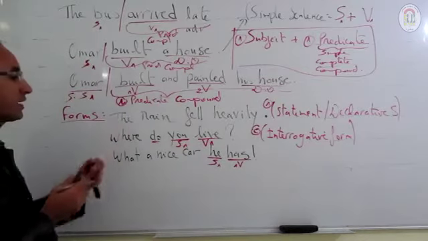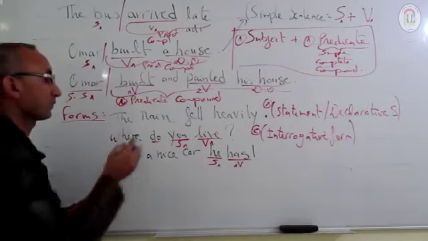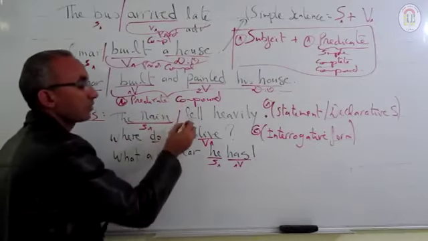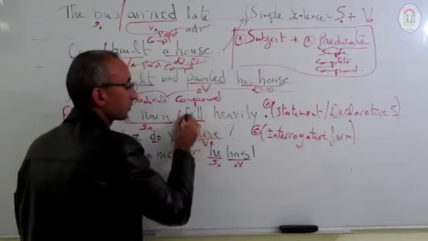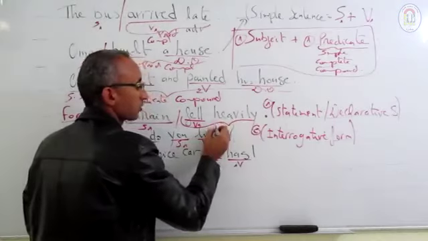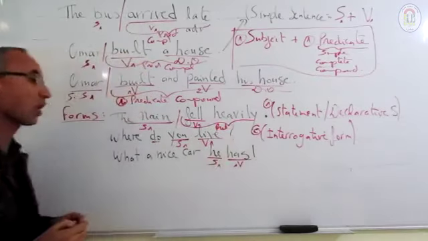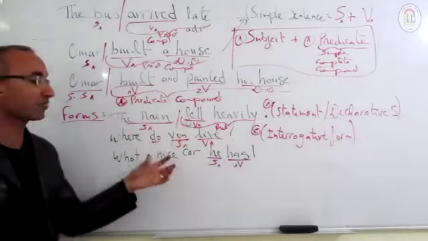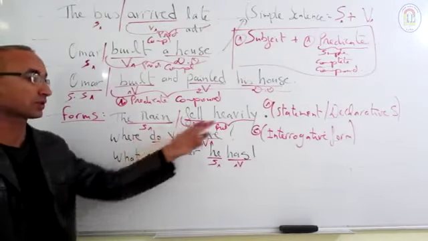Here I have the rain fell heavily. The rain is my only subject, and I have fell as my only verb within one single predicate. So all of them, as you see, are simple sentences, but they differ in terms of form.